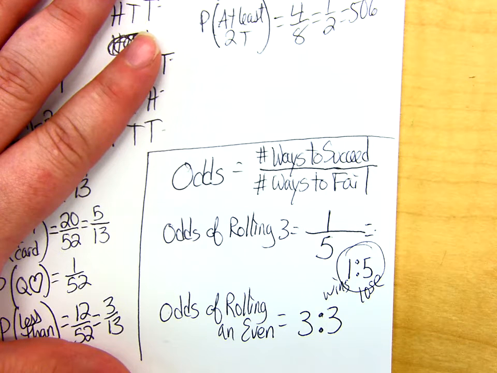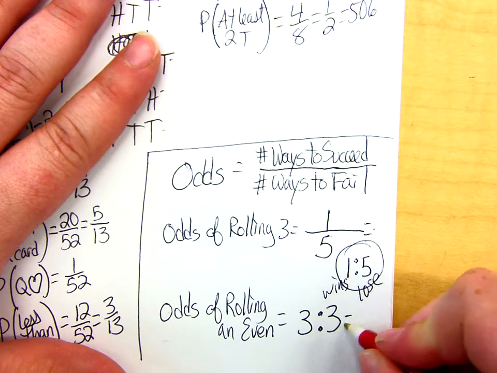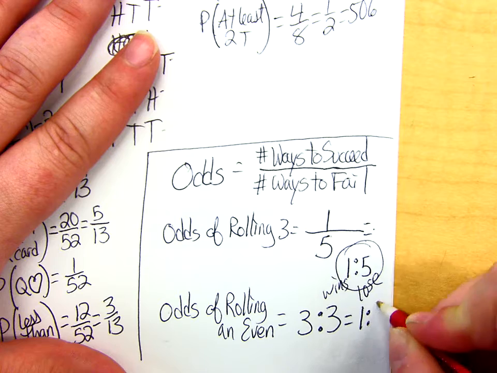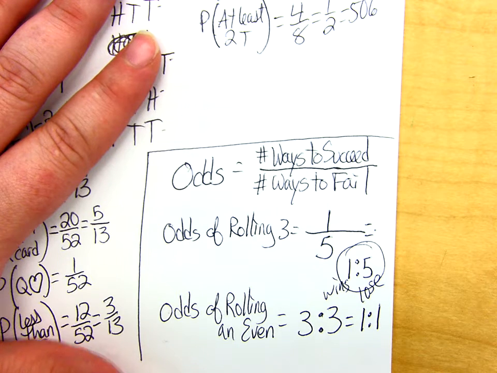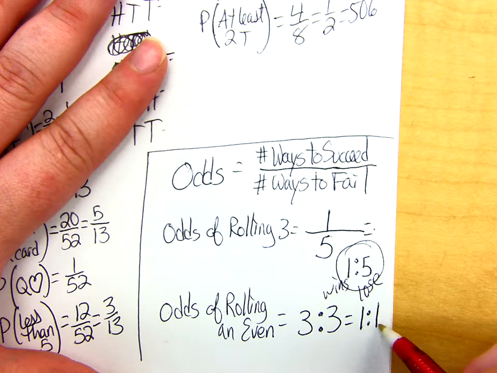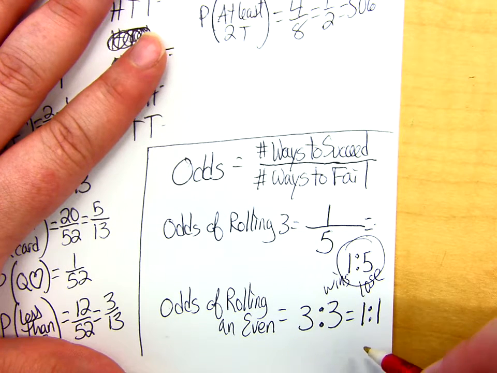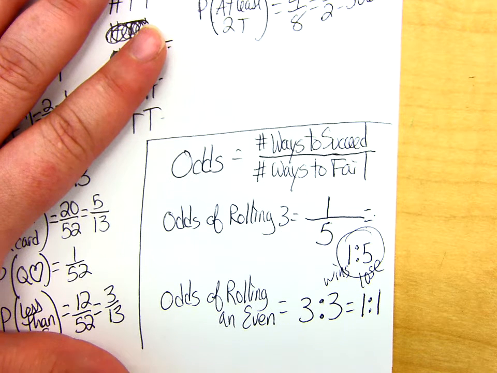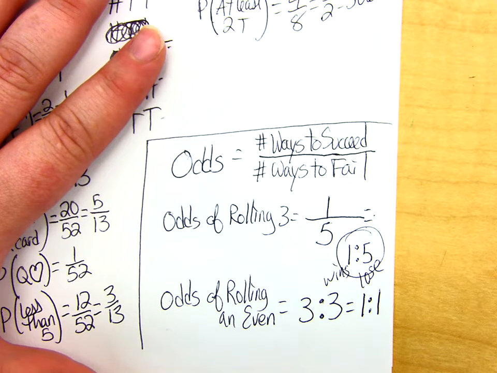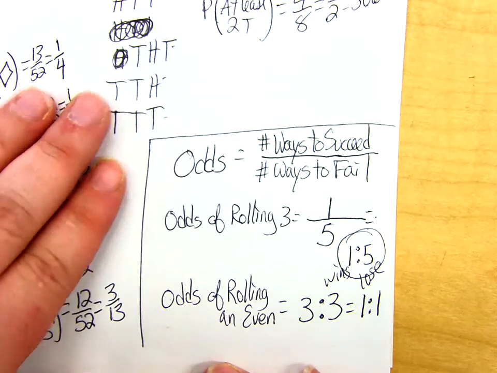You do reduce with odds, right? Yes, reduce, but don't just change it to 1, like it's a fraction. 1 over 1 is 1, but you want to see the two different things: the number of ways to succeed to the number of ways to fail. It's a ratio. You've got to see both parts.